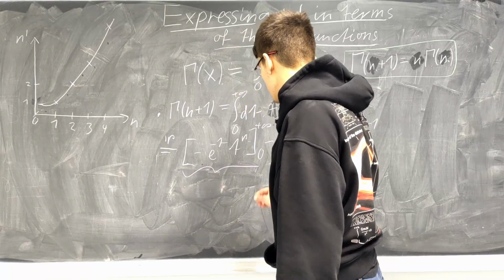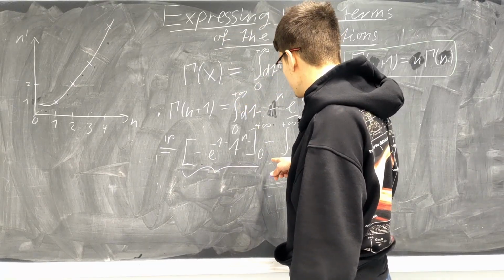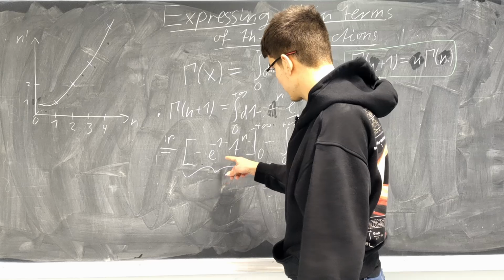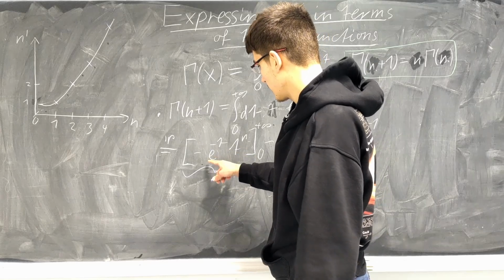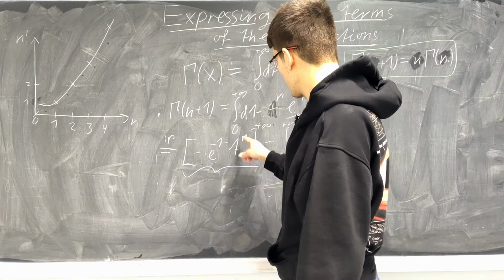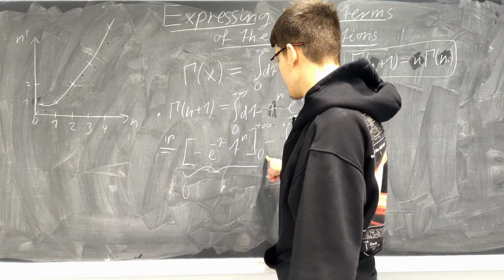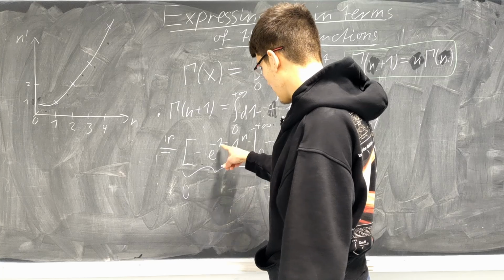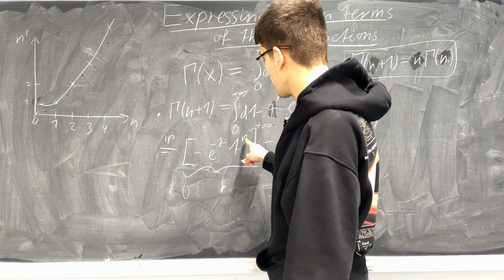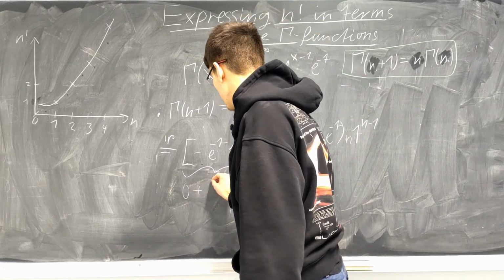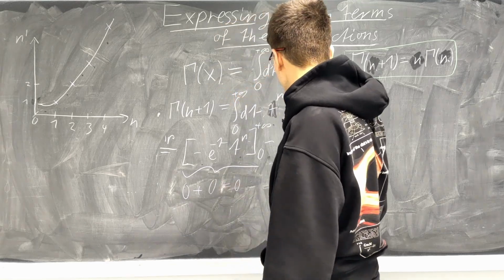Let's compute the boundary term directly. If you take plus infinity in this term, e to the power of minus infinity will be 0. And if we put in 0, t to the power of n will be 0. So it's 0 plus 0 equals 0, and we can neglect this term.